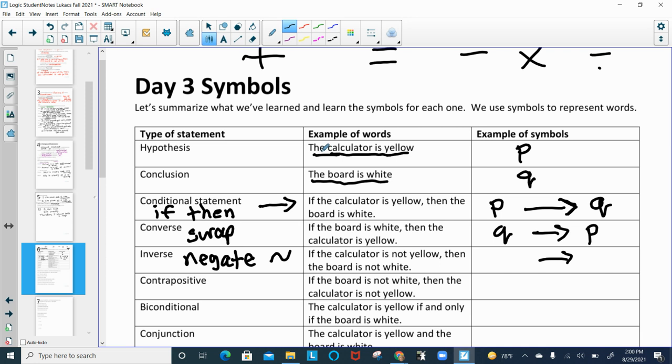Well, we know the calculator is yellow is P. But because we have the not in there, we're going to put a curly line and then P. So we read this as if not P, then the board is not white. That's going to be not Q. So this is the inverse because it has a squiggly line out in front.